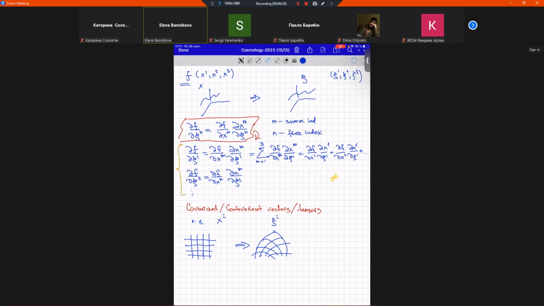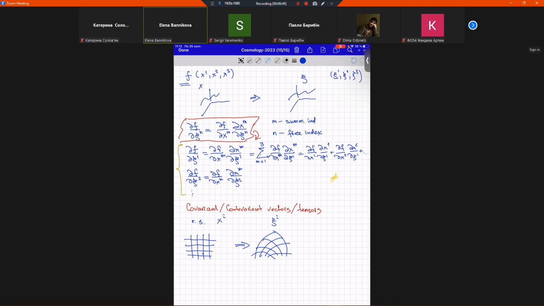But for now, because it's much more convenient to see different letters at the beginning, I will put it xi. And we want to understand how coordinates of some object in the space will change when we move from one reference system to another reference system.